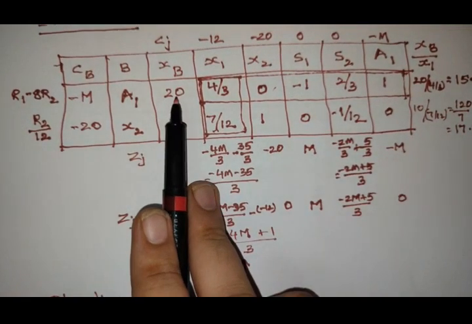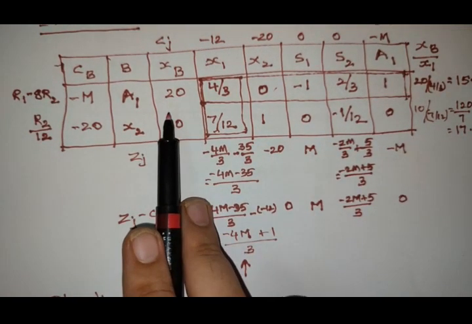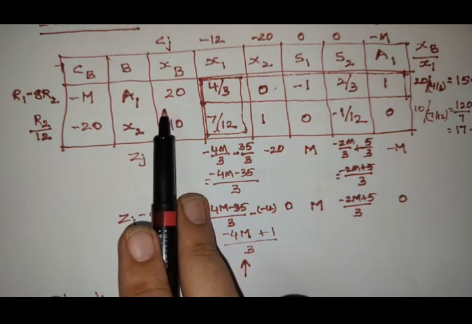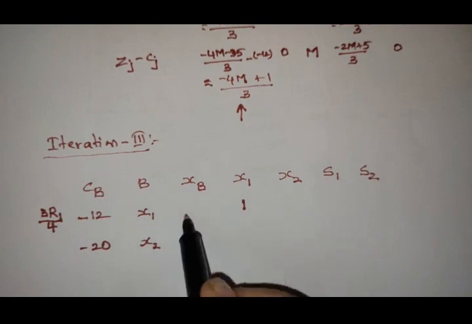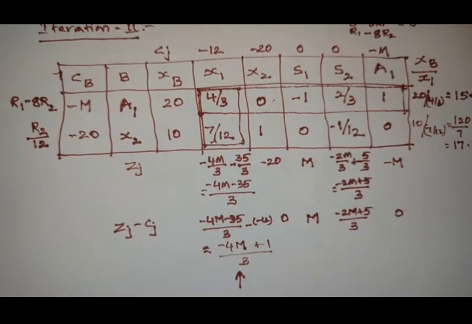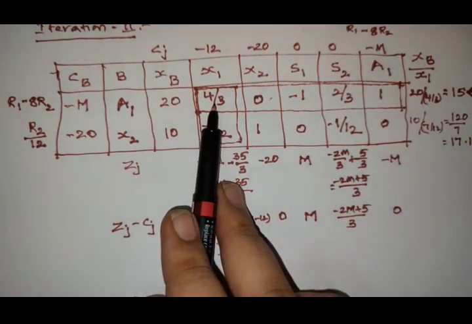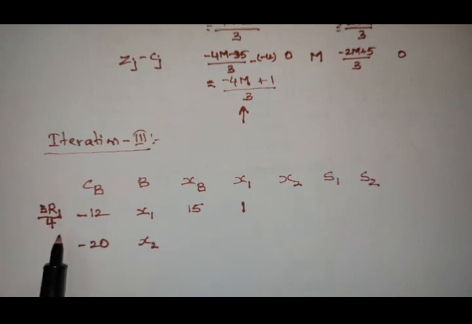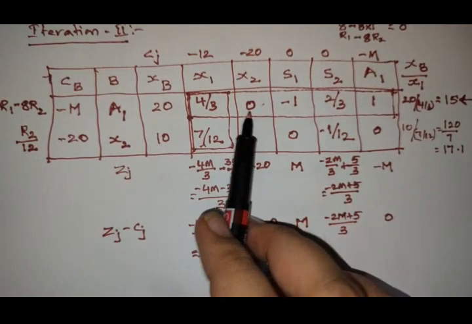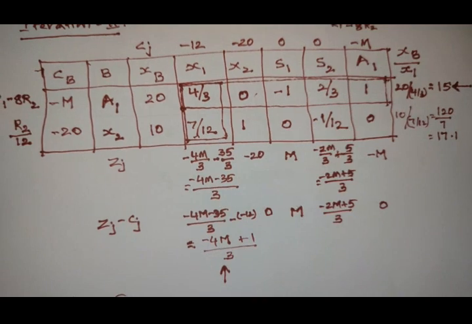So 3 by 4 r1, we are saying 3 by 4 into 20. How much will we get? That is equal to 15. Next, 3 by 4 into 4 by 3, 1. Already we have written. Next, 3 by 4 into 0, that is 0.